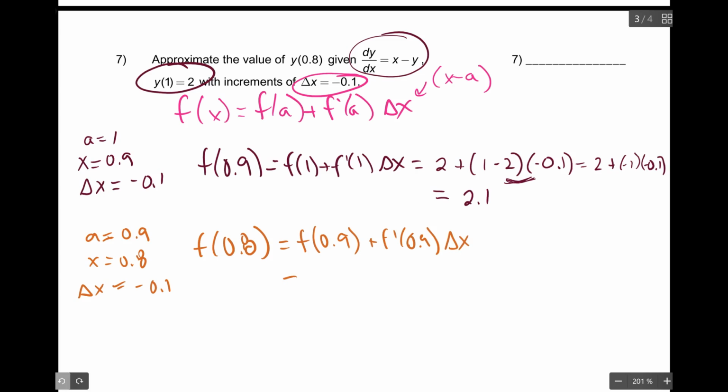So it's equal to 2.1 times, x minus y, 0.9 minus 2.1.